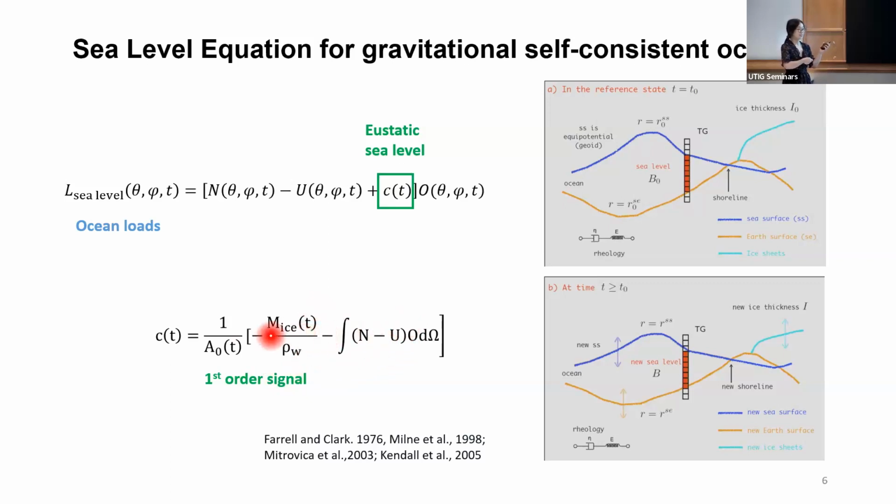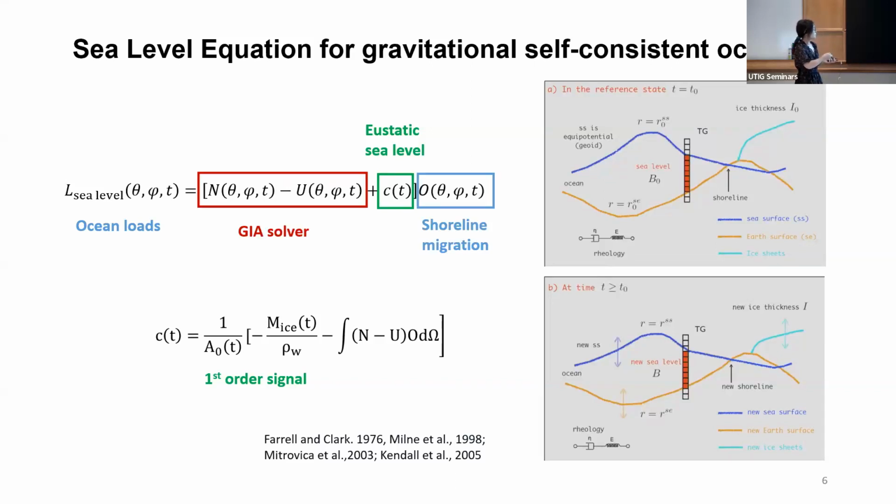So we put water globally everywhere. And then we need to use the GIA response to do the second order correction, like I showed here on the left.